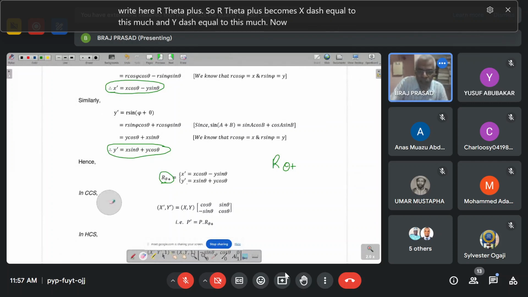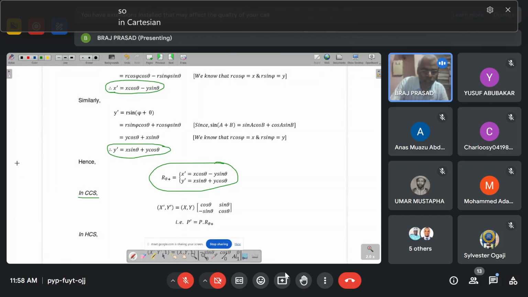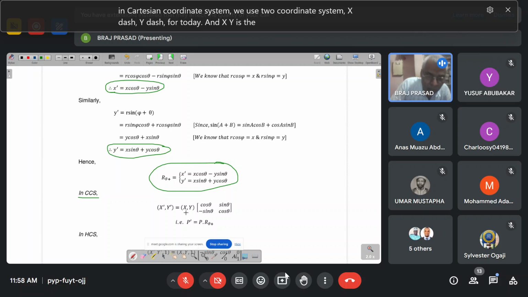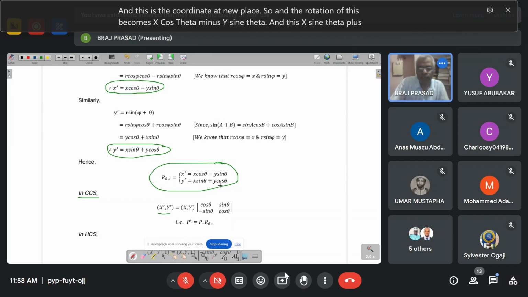Now if we convert this relation into the Cartesian coordinate system, we use x dash, y dash for 2D, where x, y is the coordinate of the original place and x dash, y dash is the coordinate at the new place. The rotation becomes x cos theta minus y sin theta, and x sin theta plus y cos theta.